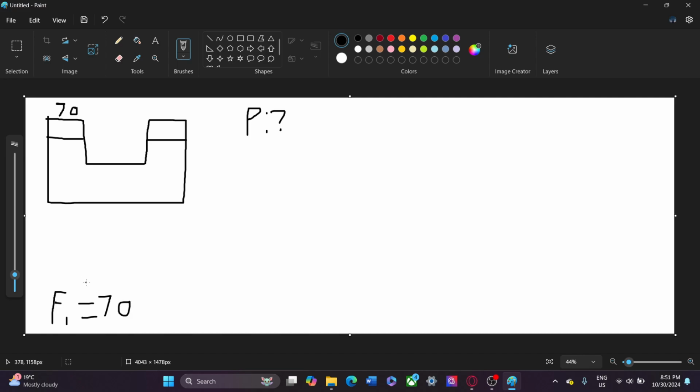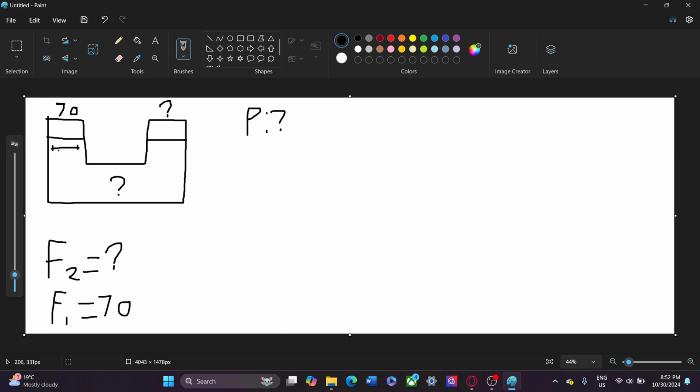Okay. So then what we do is we also need to know our F2. But we don't know our F2. Do we know our area? We do know our area.